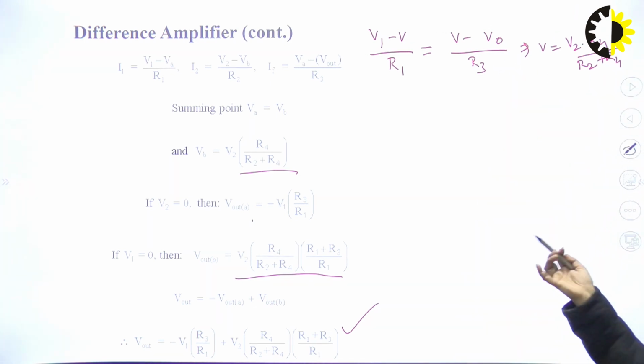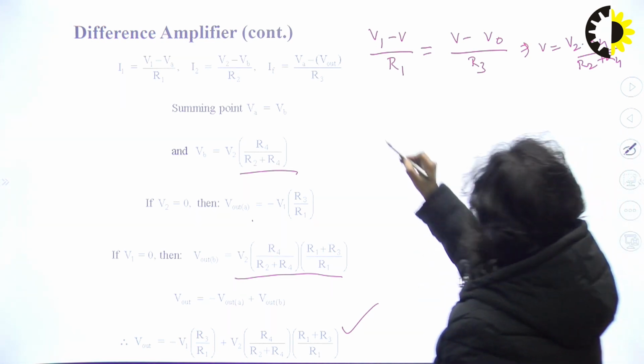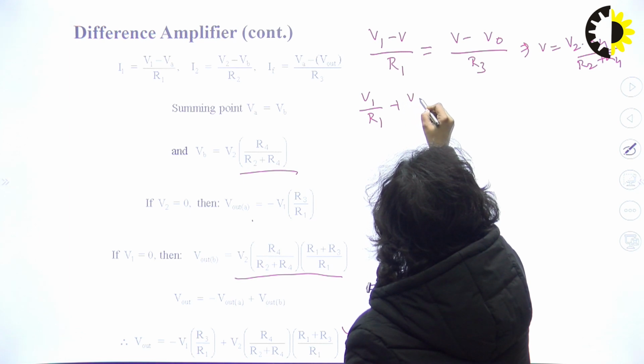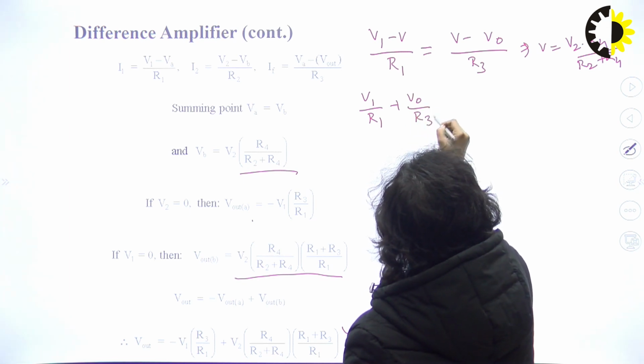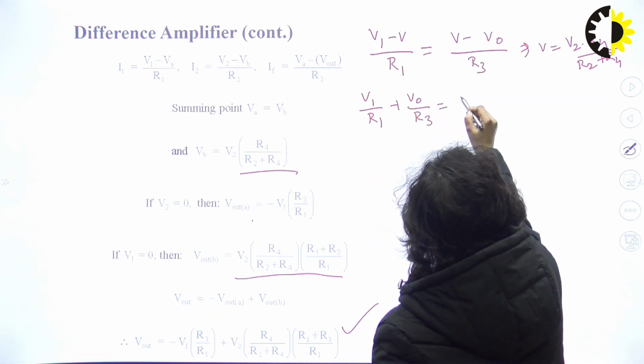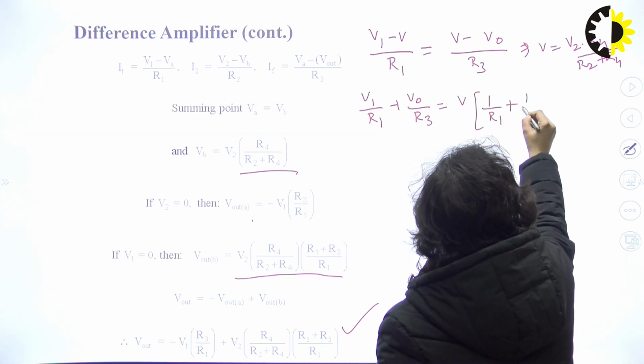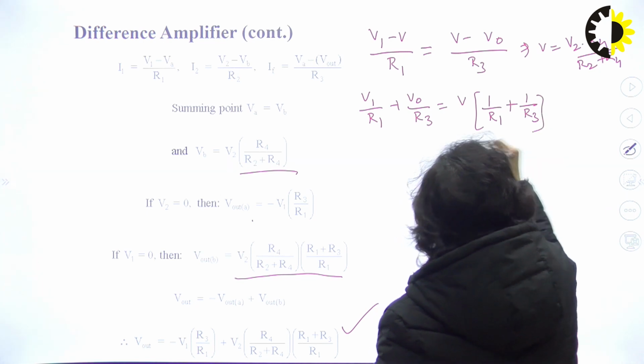First of all, we take V1 and V naught on one side, that is V1 by R1 plus V naught by R3, and V on the other side, V into 1 by R1 plus 1 by R3.